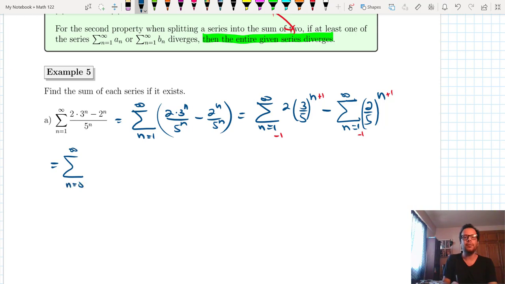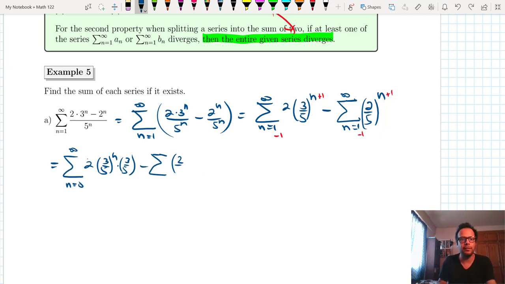So this will become the following. n equals 0, 2 times (3/5) to the n times 3/5. So this will be 2 times 3, 6/5, minus the other series, which will be, in this case, we are just going to split, 2/5 times 2/5.